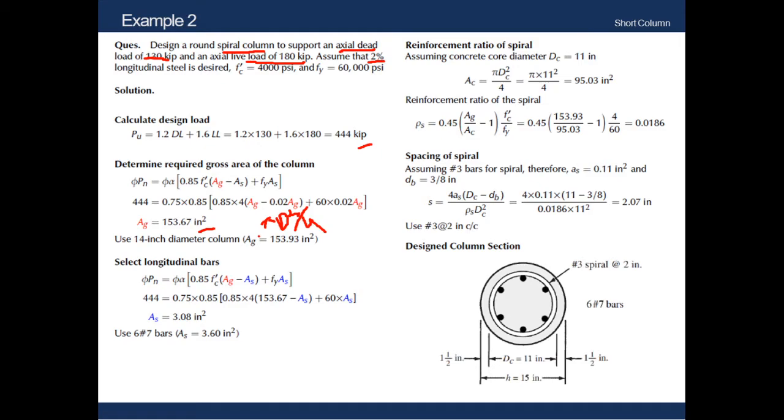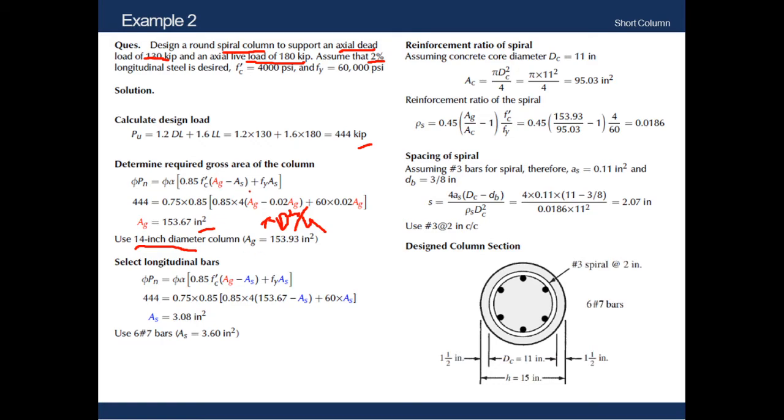From here we can see that the diameter d is unknown, and from this we can get the value of d. The value of diameter should be 14 inch. Here also we have considered the higher rounded value. So if we consider the higher rounded value of 14 inch, the gross cross sectional area, pi d square by 4, will be AG equals 153.93.